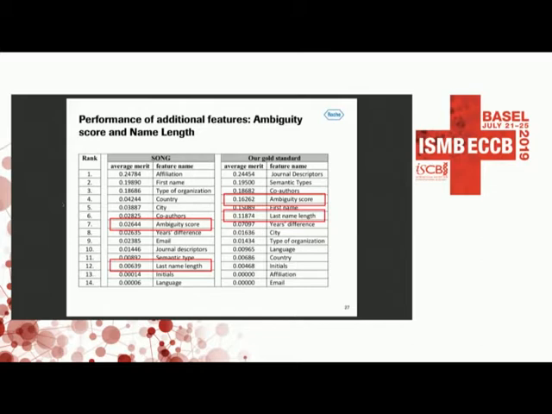For example, this last name length was almost irrelevant using the old corpus, while it became really relevant in ours, because we had so many Asian authors that it really matters. Knowing the ethnicity or the national origin of the author was a really important factor. Same with the journal descriptions and semantic types.